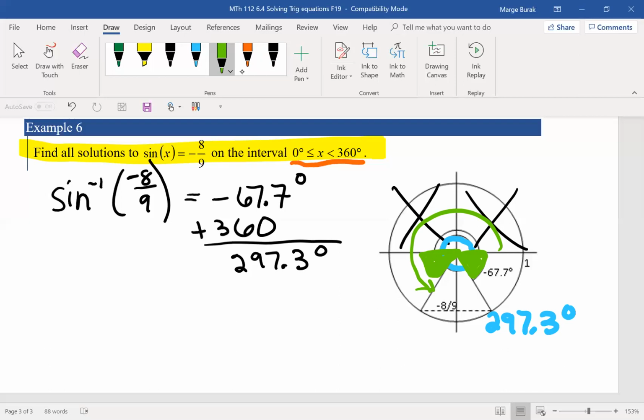So I'm going to take pi, or sorry, 180, we're in degrees now, 180 degrees, and I'm going to add my reference angle to get that angle right here. And that reference angle is 67.7 degrees.